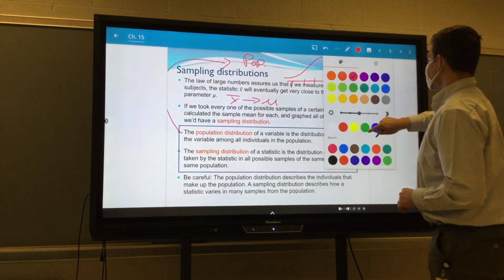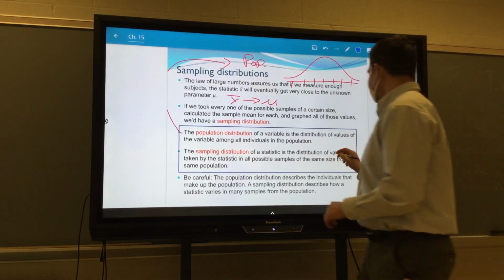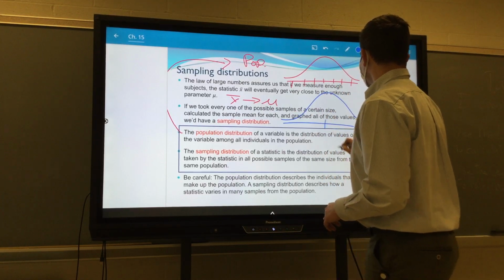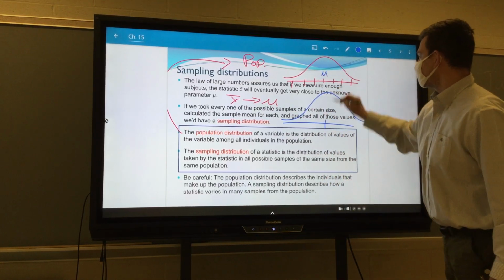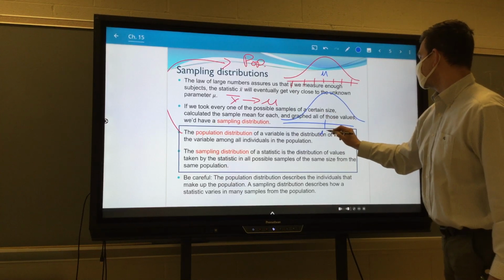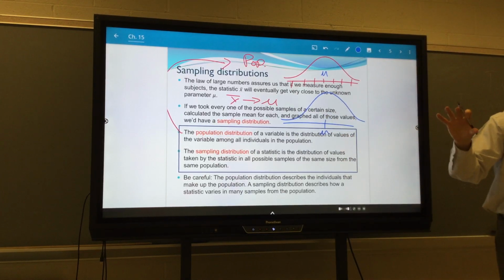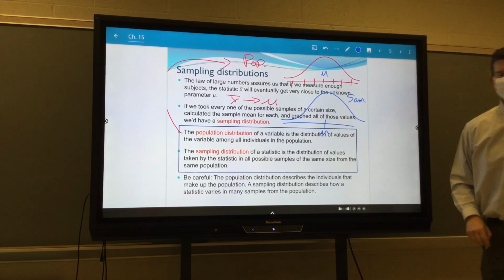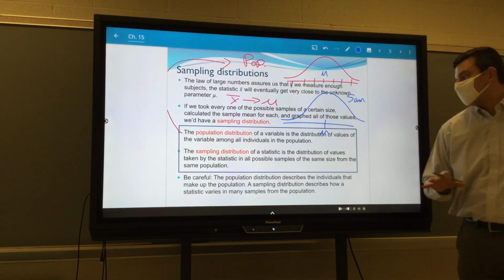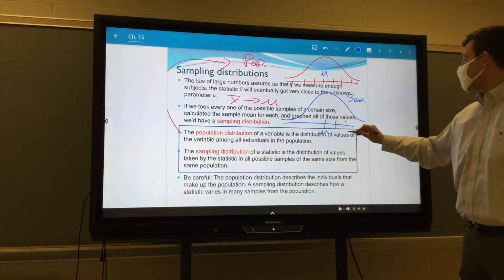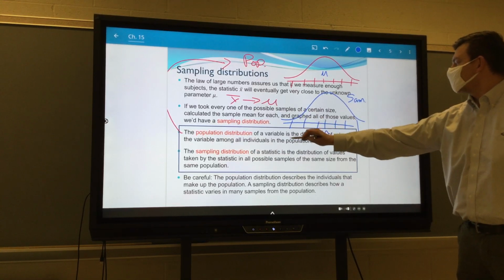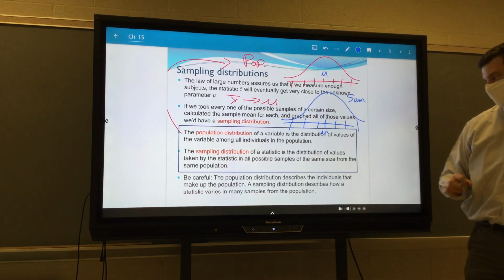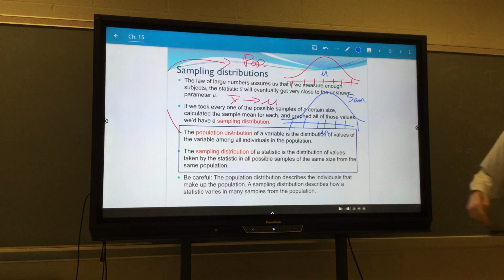This is where we need to be careful, because they look essentially the same. We had a mean up here at the center, and we have the population mean still at the center of our sampling distribution. But this time, our standard deviation is not the same as what we had with the population distribution.